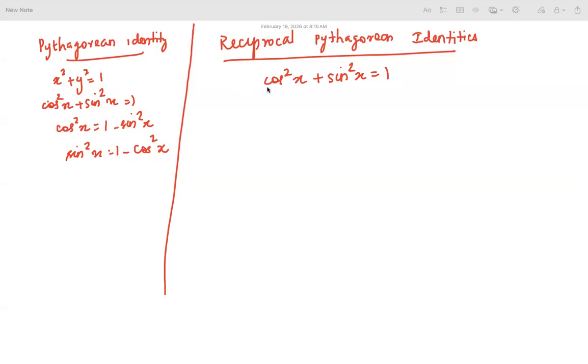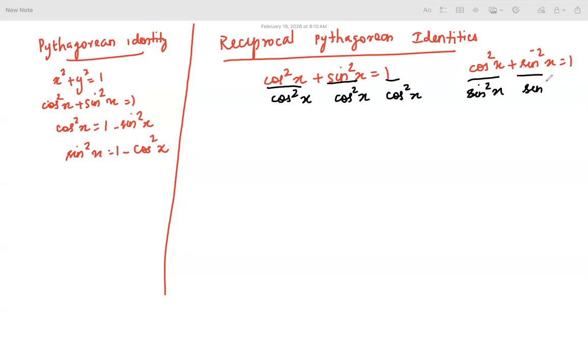First you divide by cos square x everywhere. Then again take the same Pythagorean identity and divide by sin square x. What happens, guys? You get two different identities which are called reciprocal Pythagorean identities.